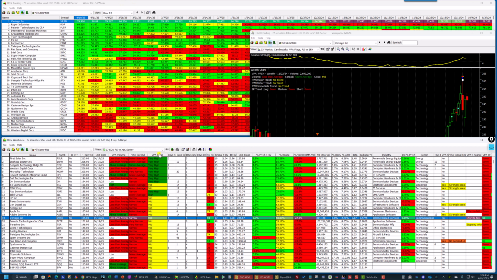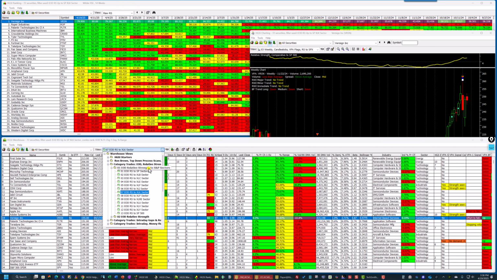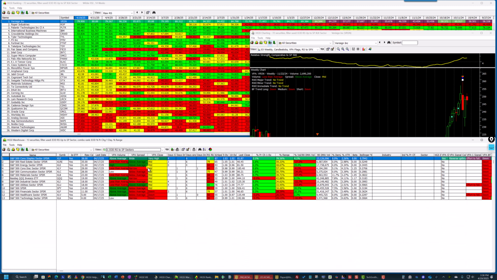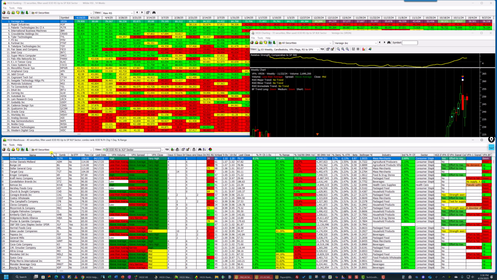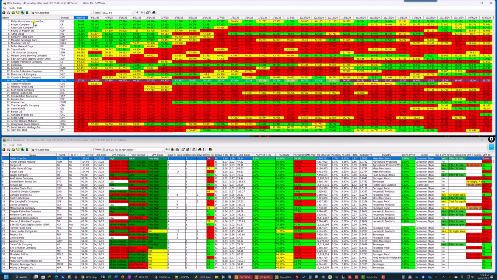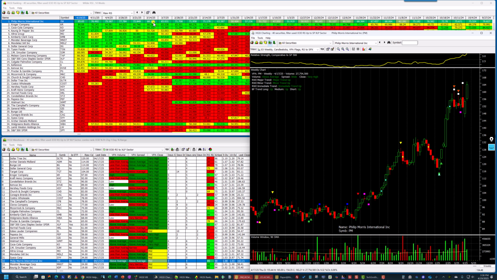Now let's go to a different sector. I'm going to go back up to here, and let's look at consumer staples again. So I want to go to XLP. I just dropped down to XLP, and now I'm going to click through to the ranking module, and it shows me the strongest stocks.